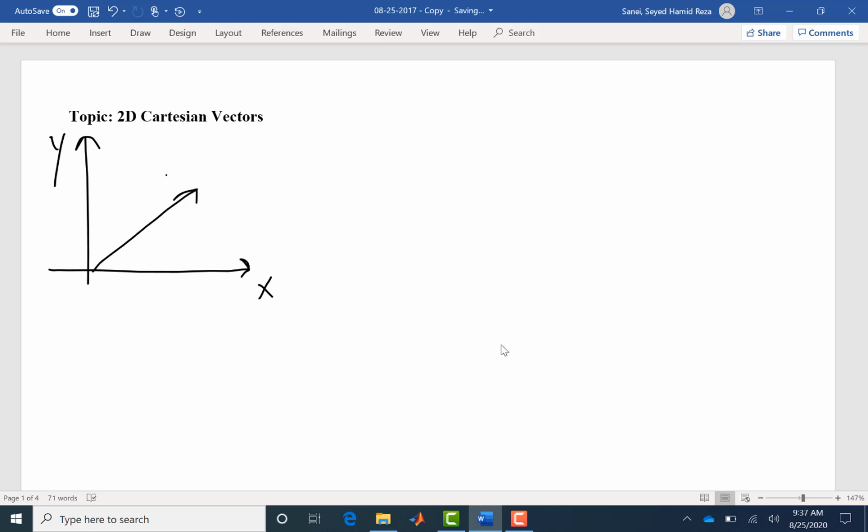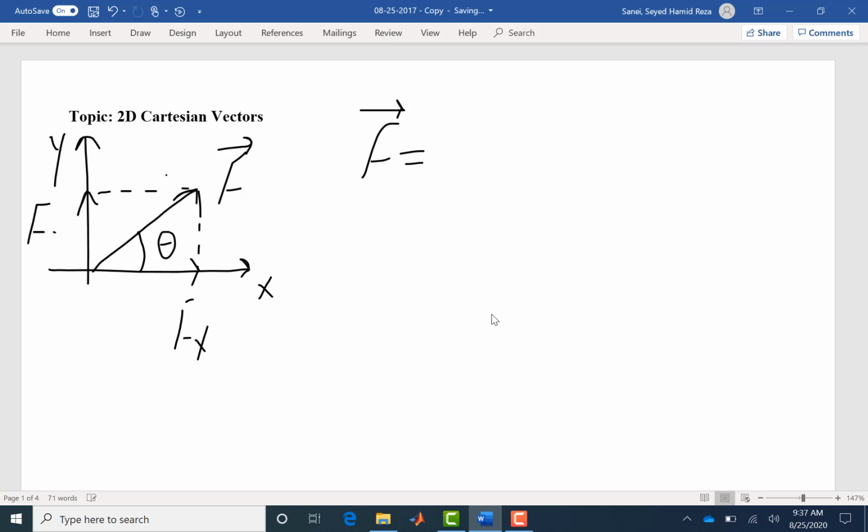Let's say we have a force F, and the force F makes an angle theta with the x-axis. So I can represent this vector in Cartesian form based on its components in the x and y direction. That would be Fx, and here would be Fy.